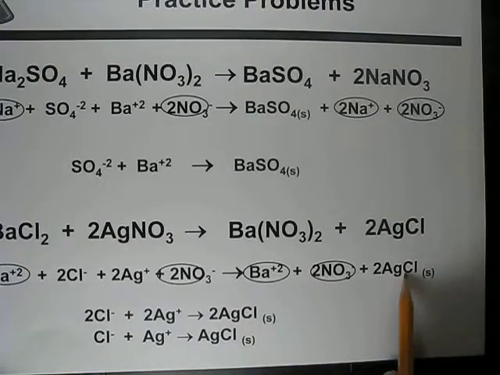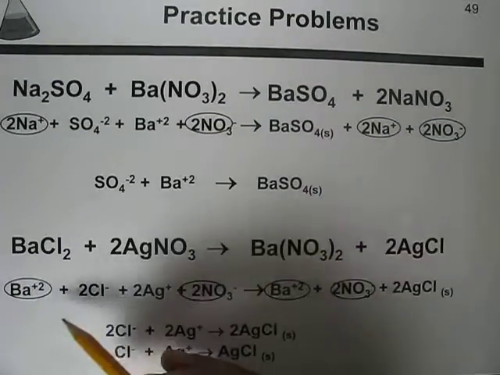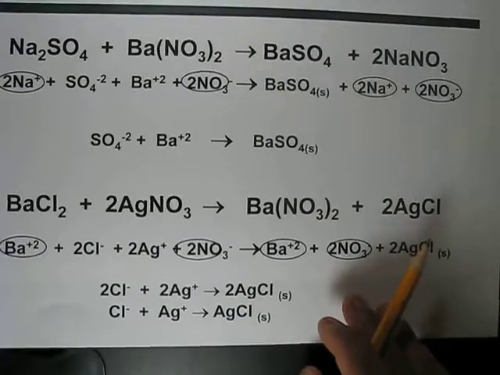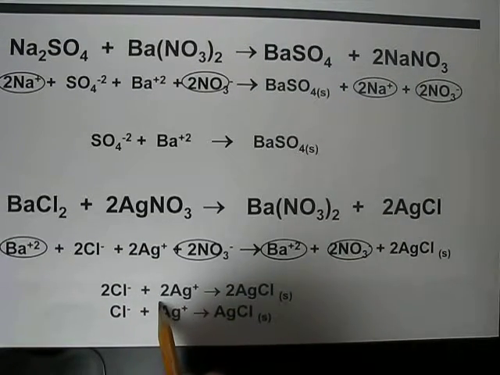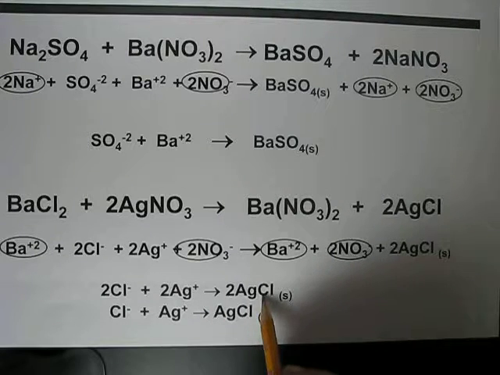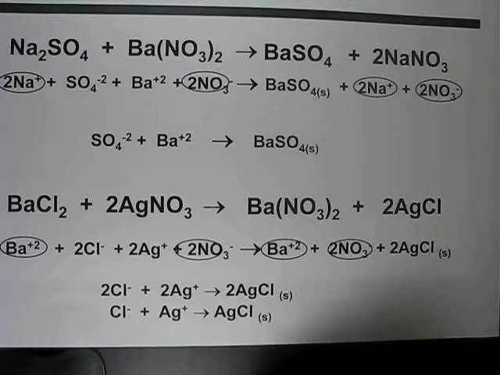So silver chloride is not dissolving. We cancel the spectator ions, and the net ionic equation will be chloride plus silver ion gives AgCl. So this will be the net ionic equation.